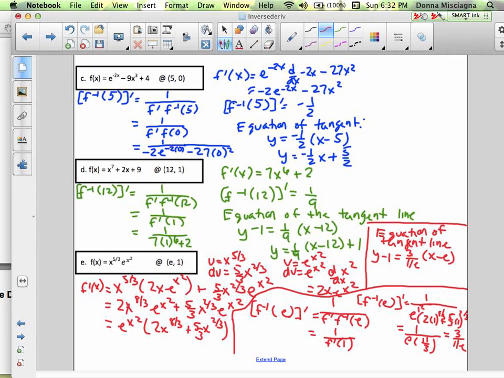We'll just leave it like this, except let's move the 1 over: y equals 3 over 11e times x minus e plus 1. And there's our equation of the tangent line. It could be a little neater, but it's okay.